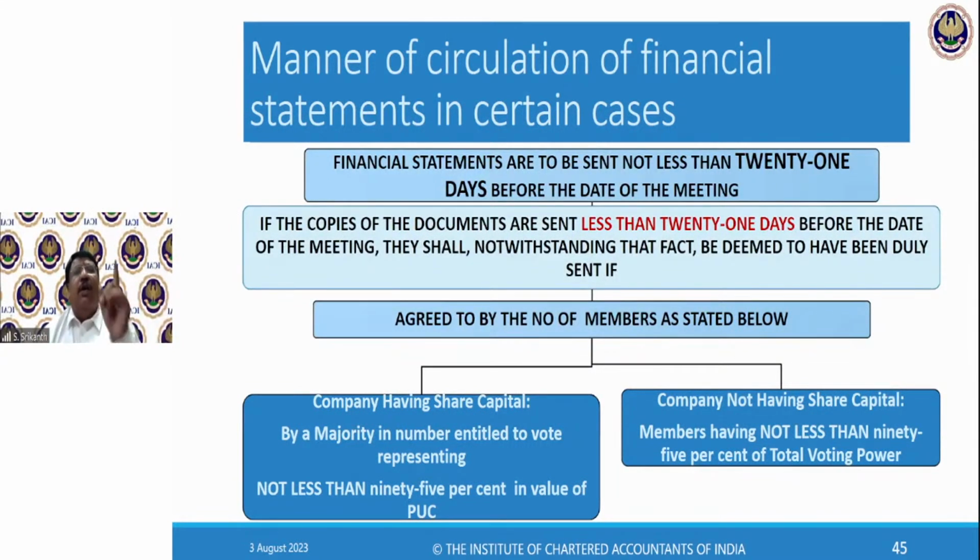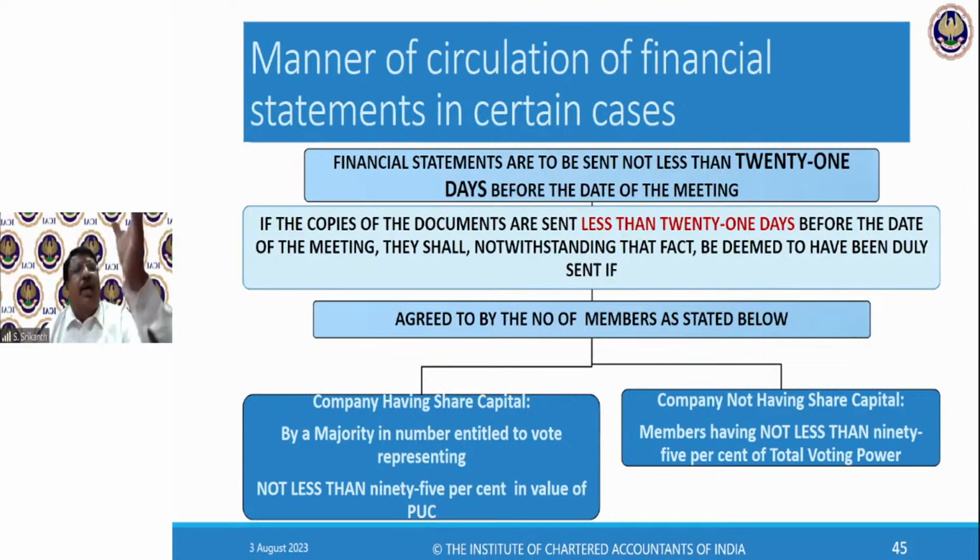If you want to circulate your financial statement in less than 21 days, see how many members you have, whether they are holding differential voting rights or full shares. No problem. If you are having 300 members, 100 normal full vote, 200 half vote, 300 members. Out of that, majority in number means how much? Out of 300, majority in number. Forget 50 vote and all. That's not half vote and all.